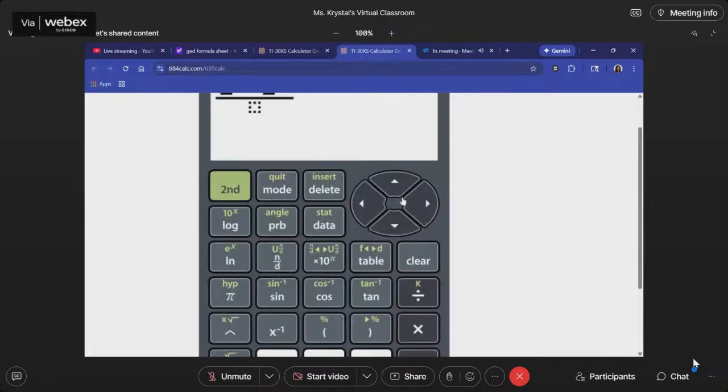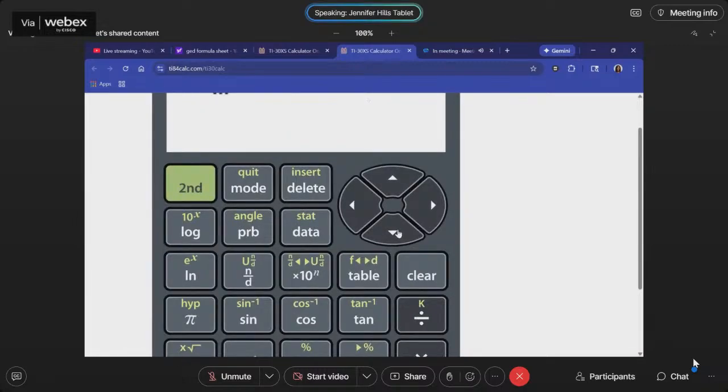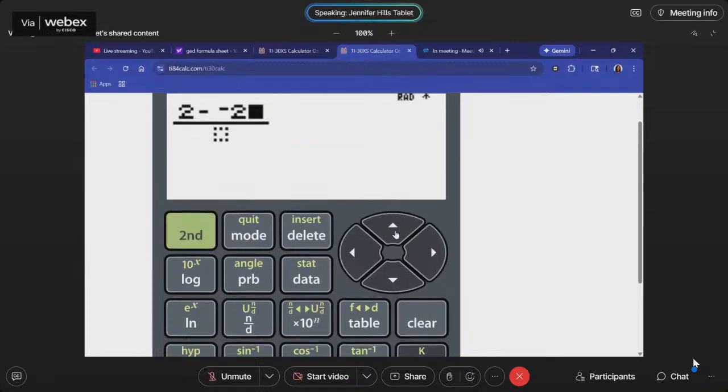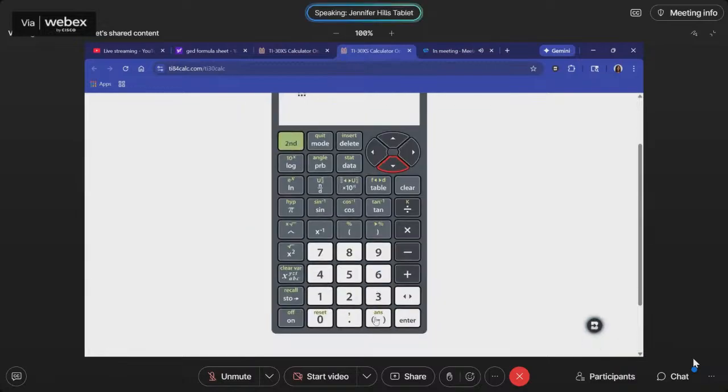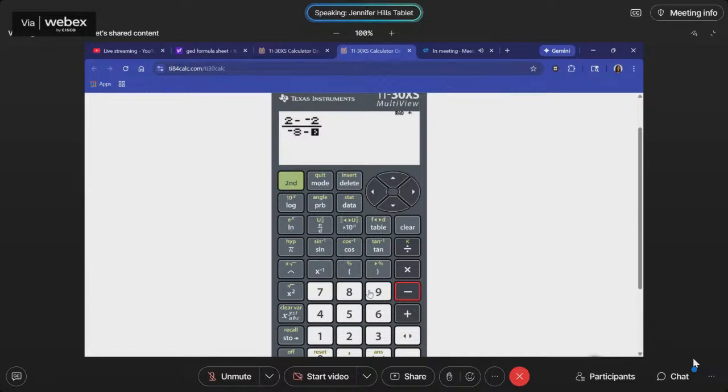I'm using my cursor arrow to go down into my denominator. I'm going to use the negative button because it's -8 minus 8. Before I press enter, I'm going to check to make sure I've put my equation in correctly.